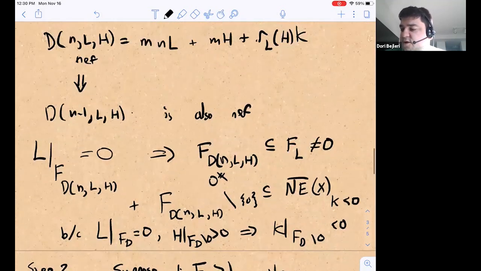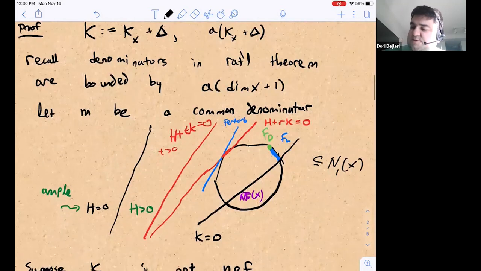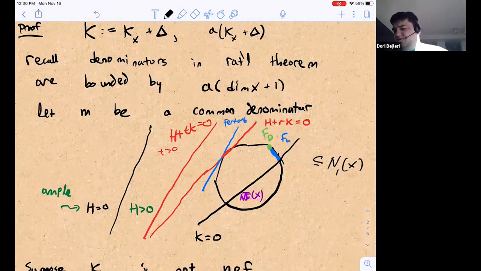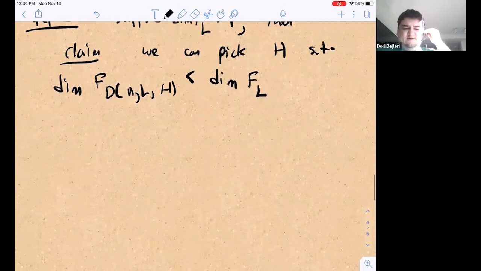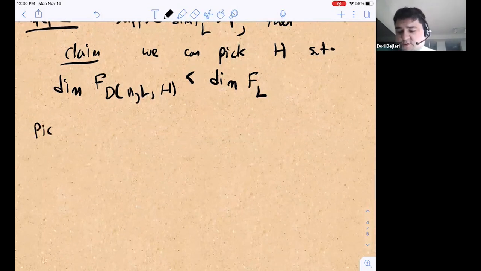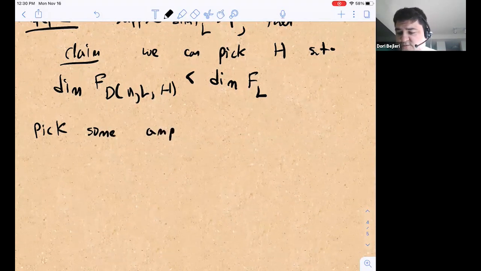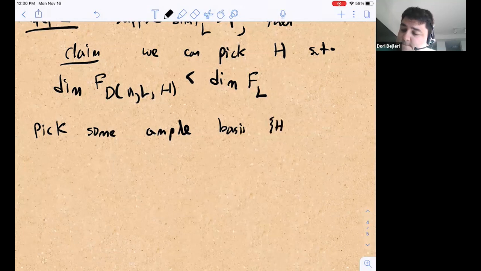And this was exactly what we said in our strategy up here, where we started with this red face and now we want to perturb to this blue one that has a strictly smaller intersection. Okay. So pick some ample basis, which we can do for the full Néron-Severi. Well, it has size the Picard rank, by definition.